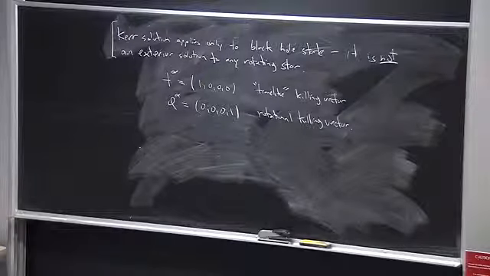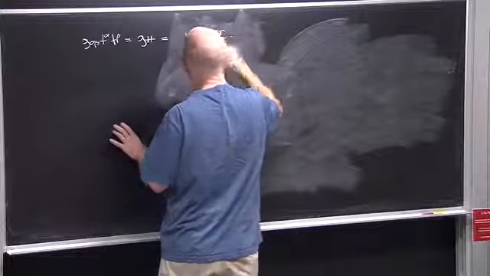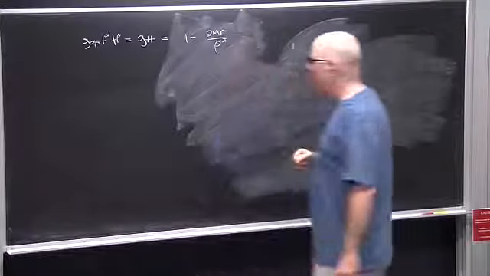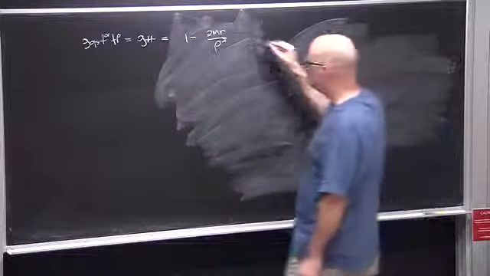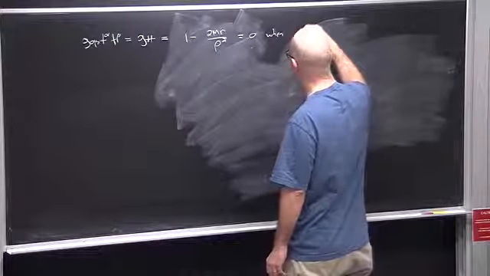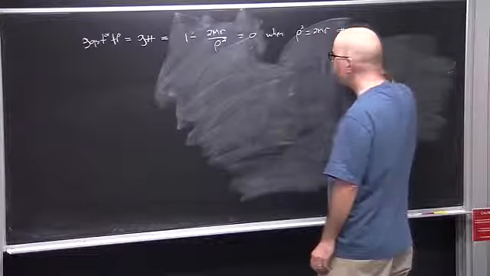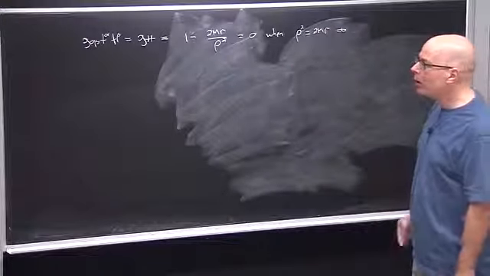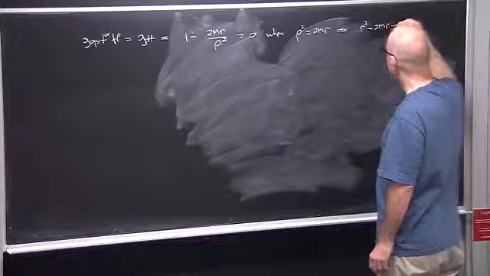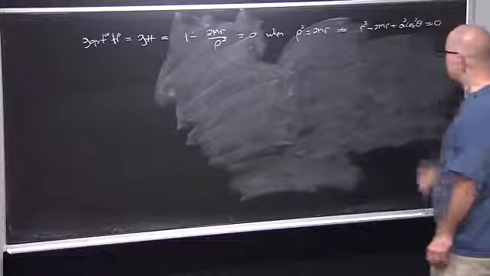It's 1 minus 2mr over rho squared, which goes to 0 when rho squared is equal to 2mr, which means that we have a nice quadratic equation for r. So r squared minus 2mr plus a squared cosine squared theta is equal to 0.